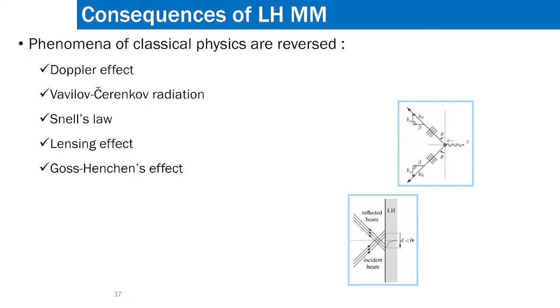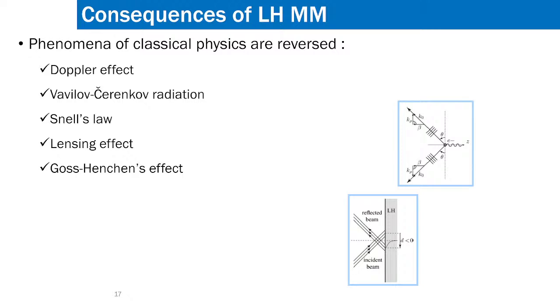In this case, when total internal reflection occurs, the point from which the reflection is occurring will go towards the interface in the case of LHM, whereas in natural materials or double positive materials, it goes away from the interface.